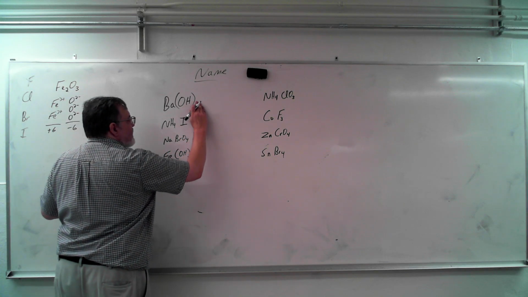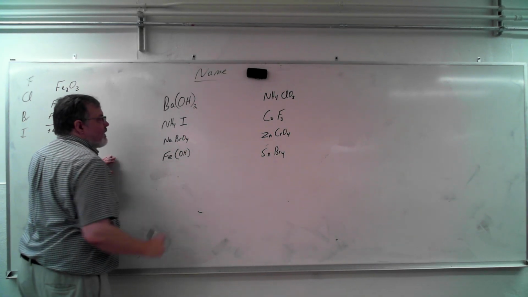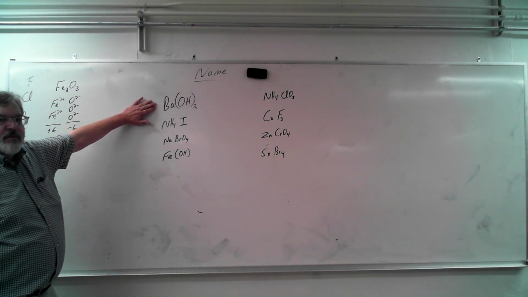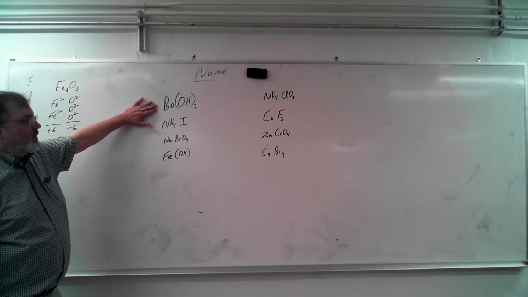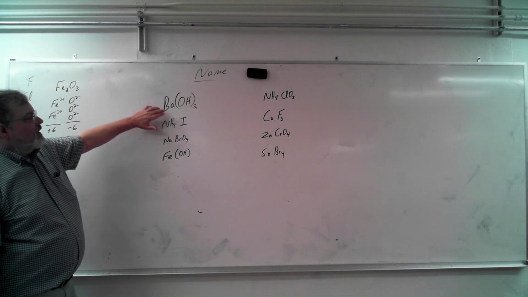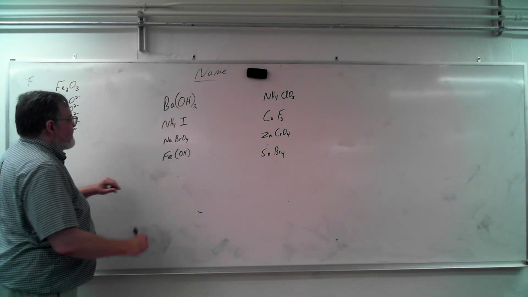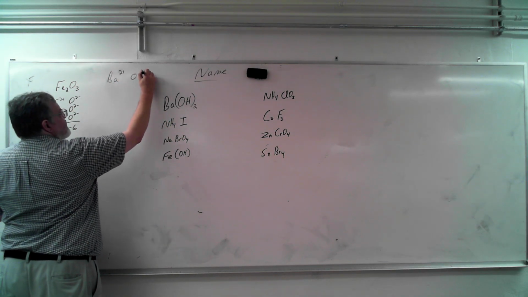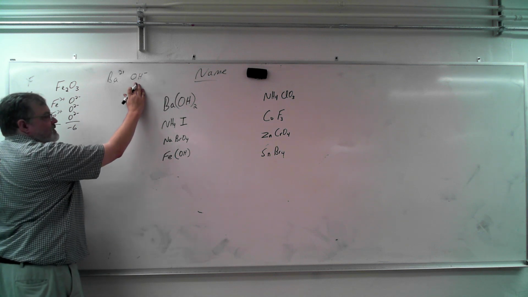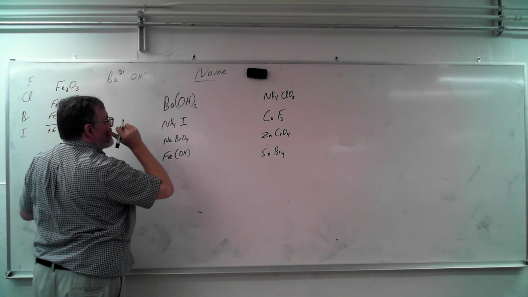Given that there's two of these and only one Ba, -1. If you look on the periodic table, the top left, you'll see Ba and you'll see that it's a 2+ charge. And since there's two of those, that means you have Ba 2+ and OH negative. You've got two of these, and that gives you the two charges.